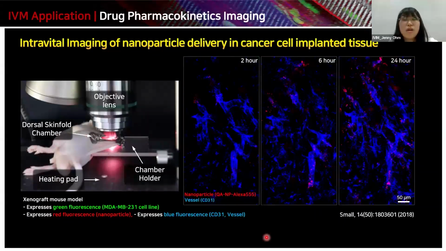So over time, we found out that more drug particles moved closer to the breast cancer cells. And here we observed that the drugs, which were initially distributed mainly within or very adjacent to the blood cells, had reached the tumor tissue itself by around 24 hours post-injection.